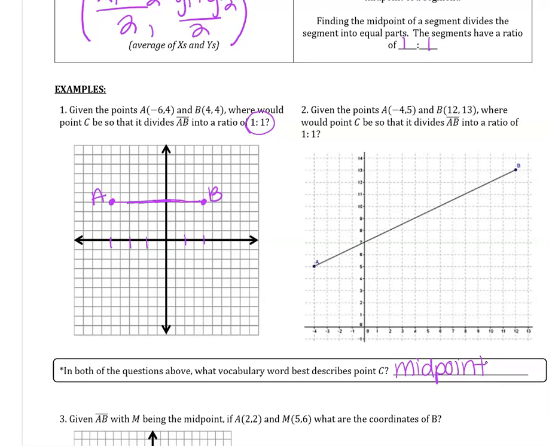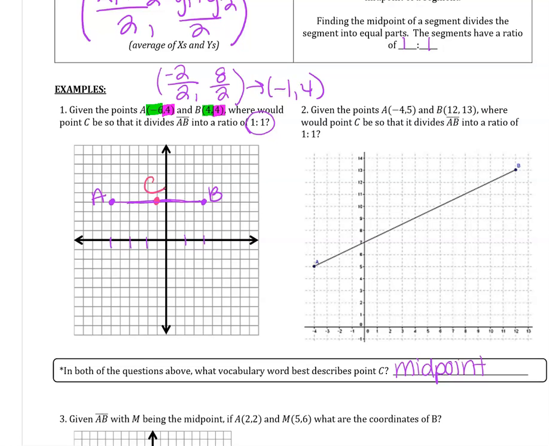Now, using the midpoint formula, I can take the average of the x's, so that means add those together, which would be -2 divided by 2. Average of the y's, so 4 plus 4 is 8. And that would give me the coordinate -1, 4. And I'll go ahead and plot that.